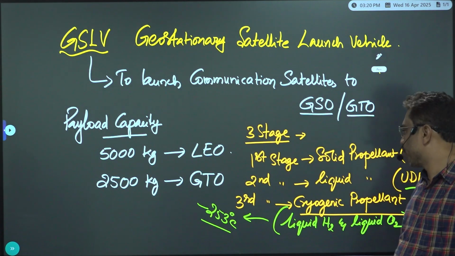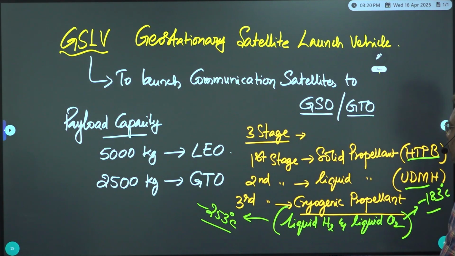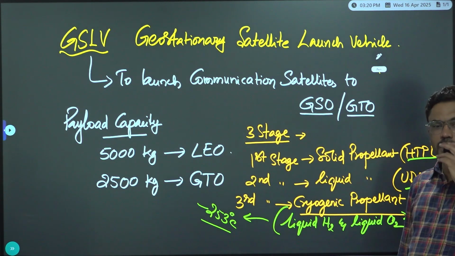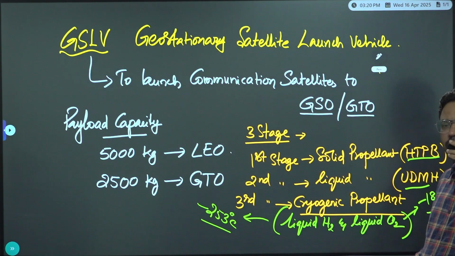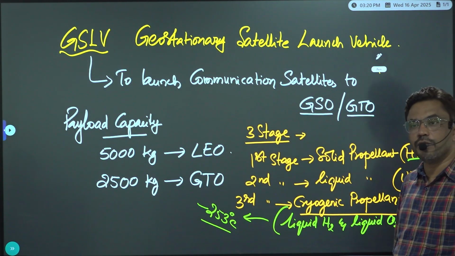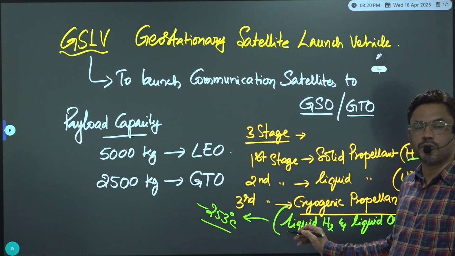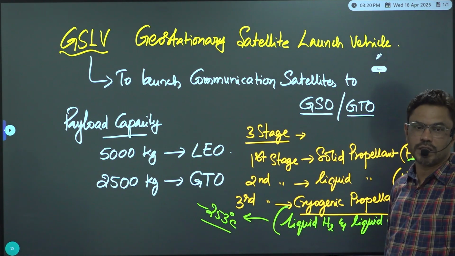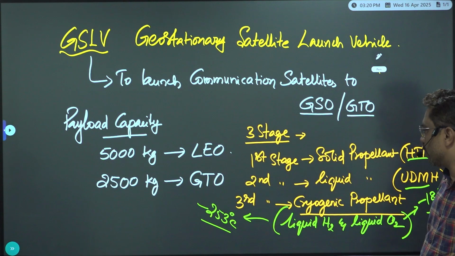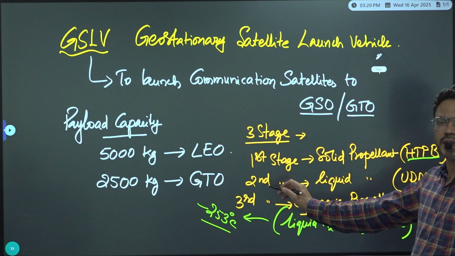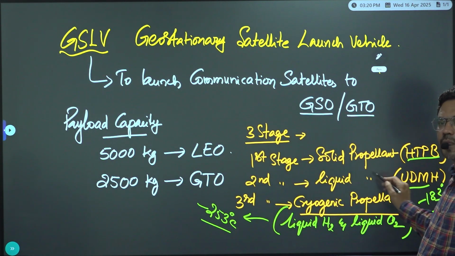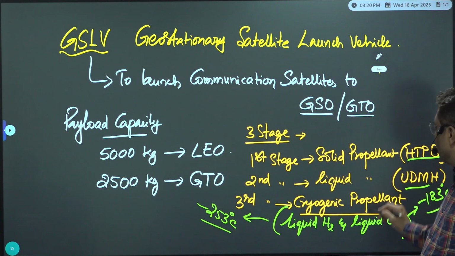And the third stage contains cryogenic propellant, which is important, you have to remember that. The cryogenic fuel is liquid hydrogen as fuel and liquid oxygen as oxidizer. You have to remember the temperatures also: minus 253 degrees centigrade, and liquid oxygen at minus 183 degrees centigrade.